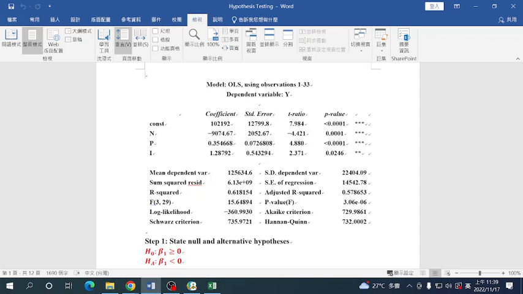It means that at least one beta j is not equal to 0. We didn't say all of them are not equal to 0, but at least one, then the model is useful. This is what we call the overall test.